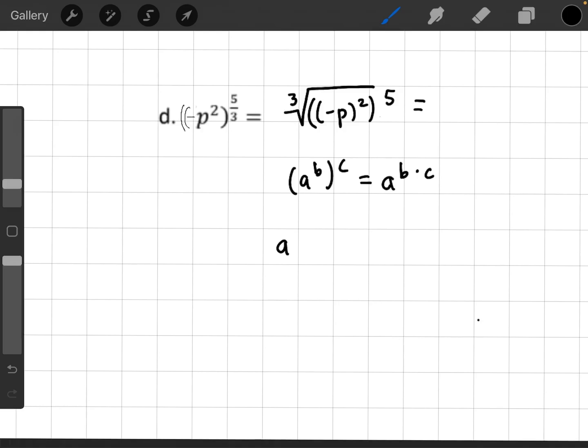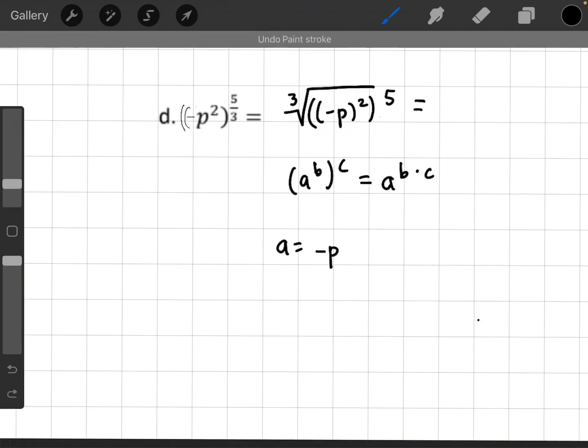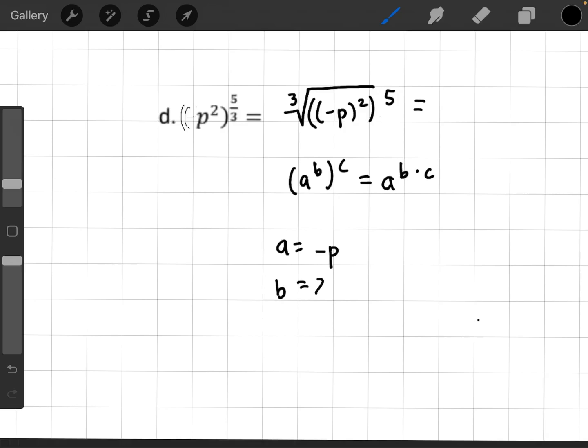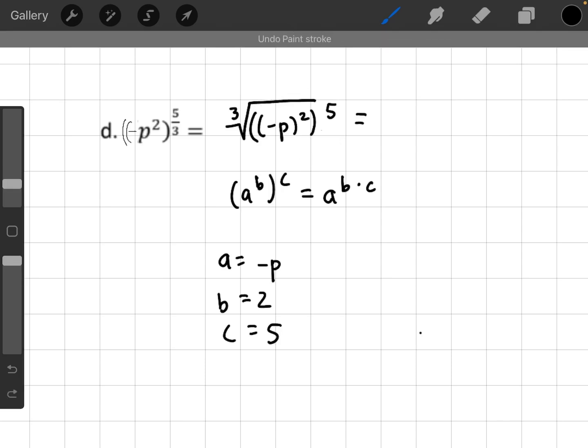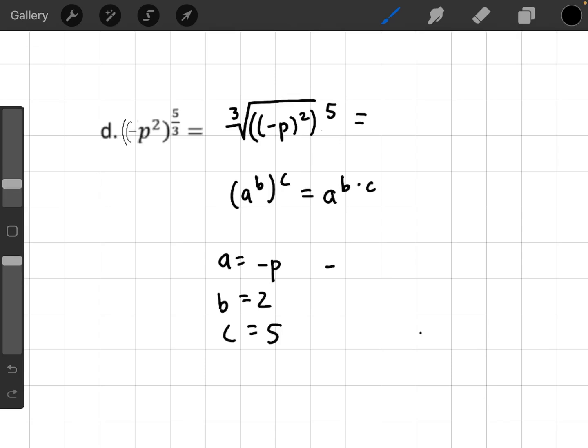So our a will equal negative p, the b will equal 2, and c equals 5. So for this section of the expression, we can rewrite it as negative p to the power of b, which is 2, times 5, which is c. 2 times 5 is 10, so our final is p to the power of 10.